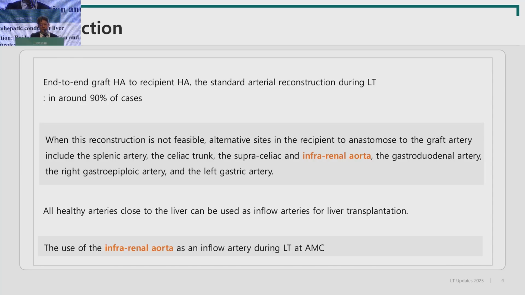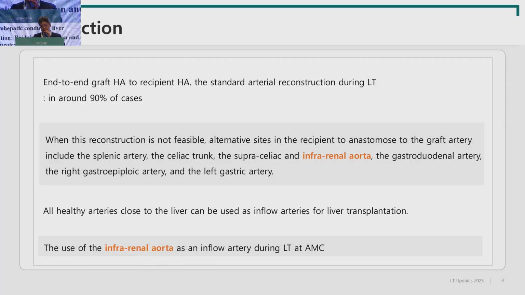Let me start by providing some background on the role of aortohepatic conduit placement during liver transplantation. The standard arterial reconstruction during liver transplantation, end-to-end graft hepatic artery to recipient hepatic artery, is performed in around 90% of cases.